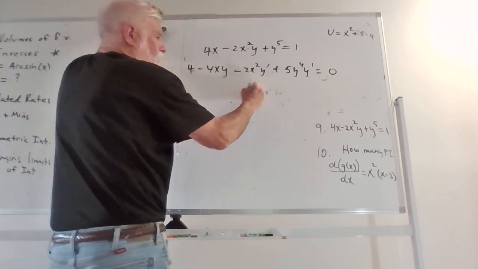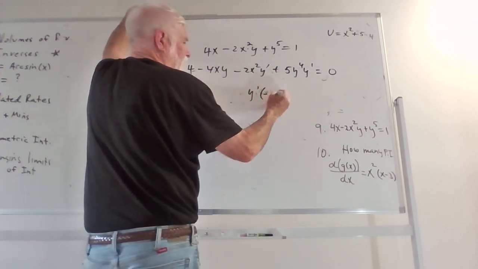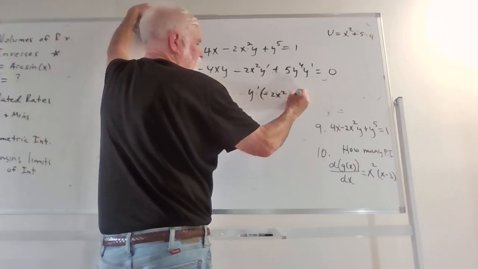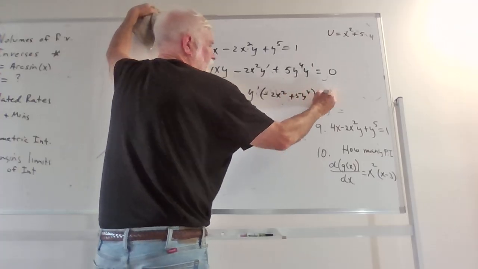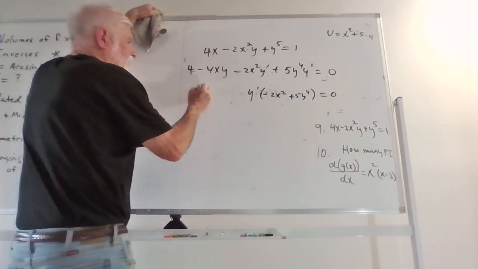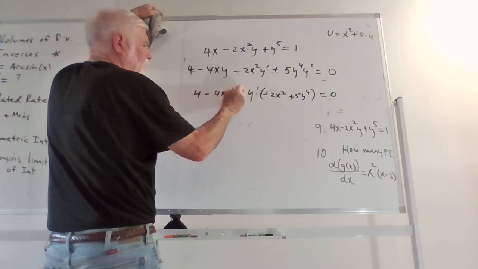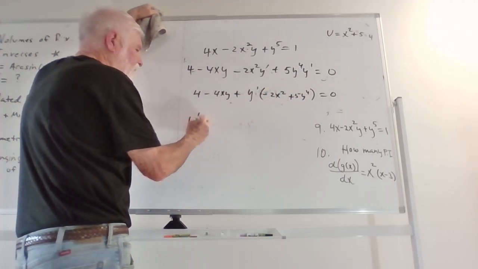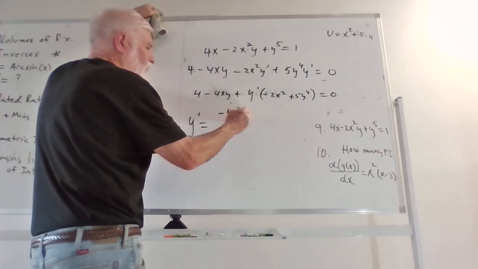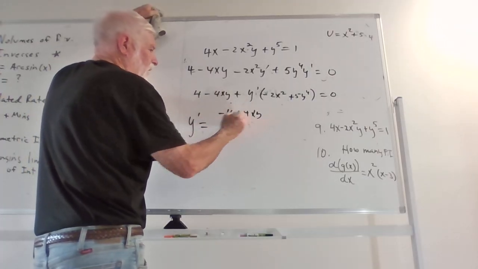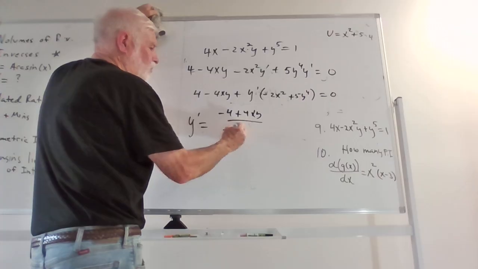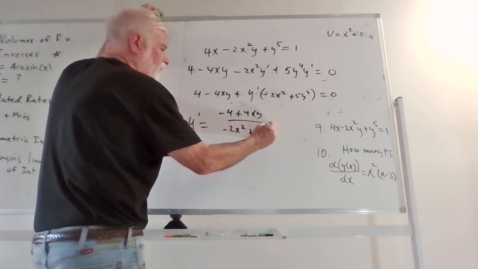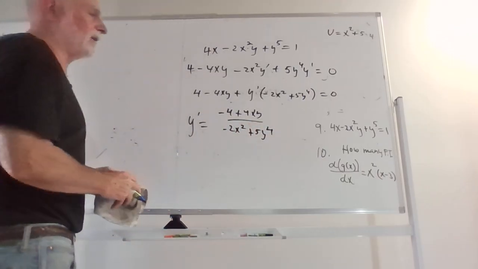I can factor out y prime over here, minus 2x squared plus 5y to the 4, right? I can factor that out. I still have 4 minus 4xy plus that. So moving everything to the other side and isolating y prime gets us minus 4 plus 4xy all over minus 2x squared plus 5y to the 4. I hope I'm not making any careless errors.